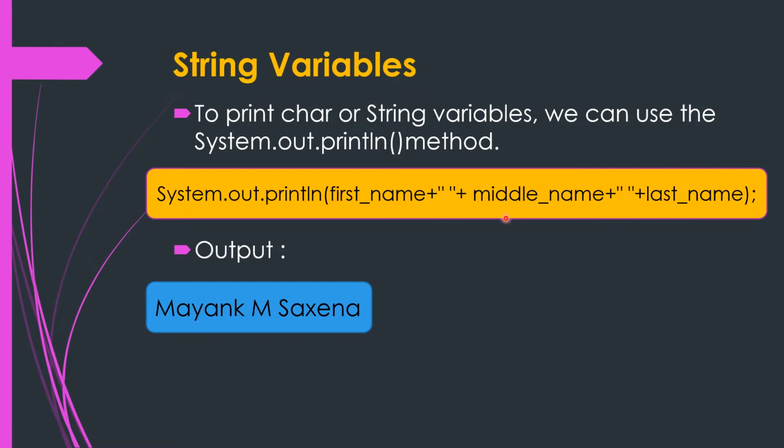Here the output of the commands we have just used is given. The output will be Mayank M Saxena. Mayank was the first name, then a space, then M was the middle name, then again a space, and then Saxena, the last name.